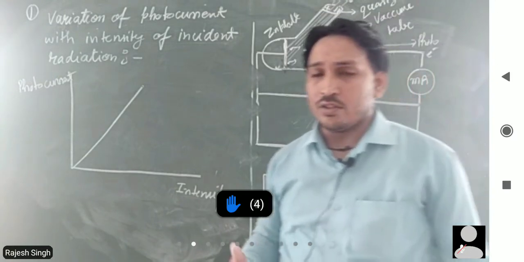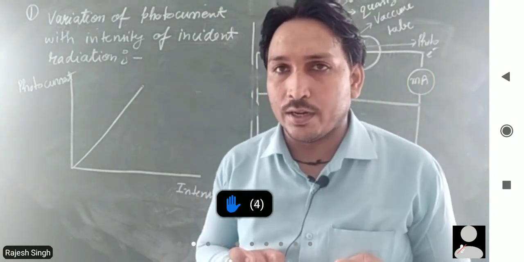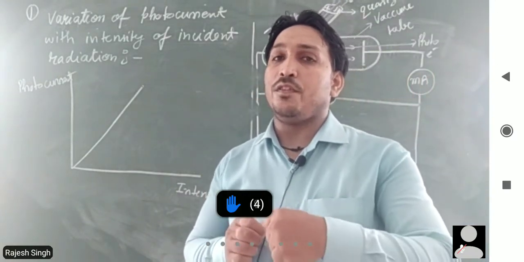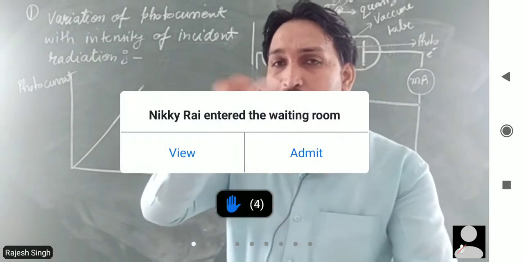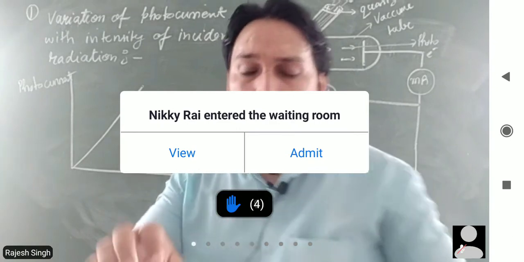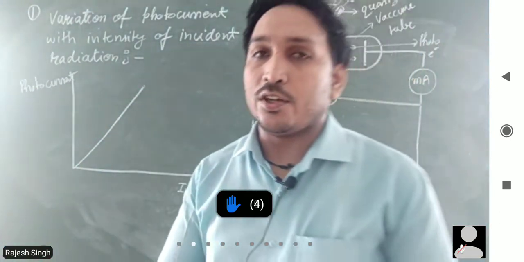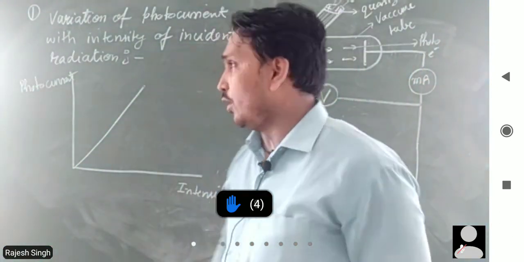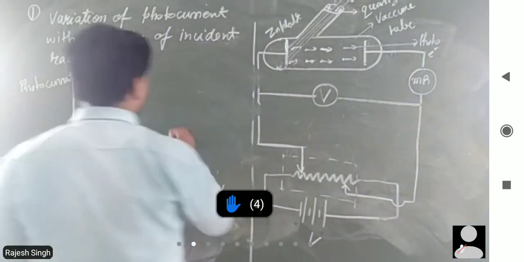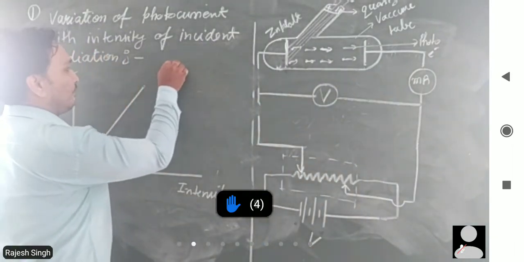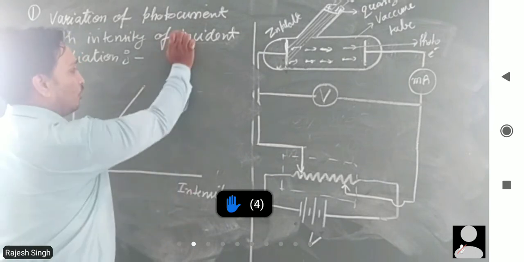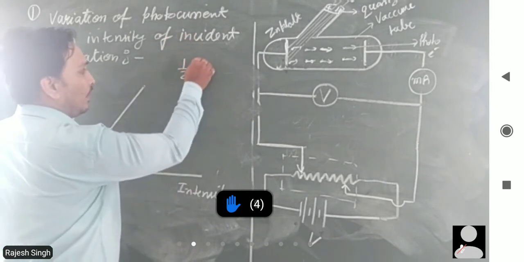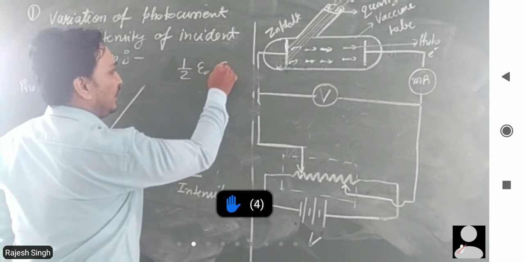Why was it expected? Because in the wave, we assume that the energy of the wave is distributed among its amplitude. You have studied this in electromagnetic waves. The energy density for the electric field comes out to be half epsilon naught E square.